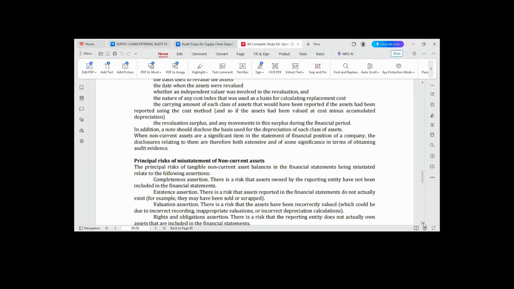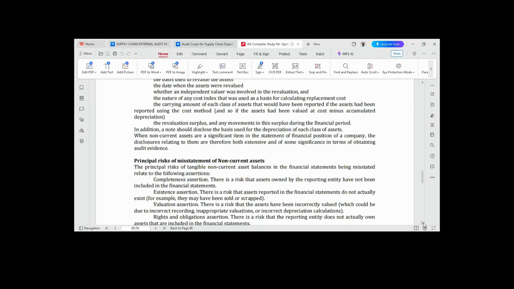There's also the valuation assertion. If you look at all of these assertions, they are in line with what we discussed earlier under the assertions based on account balances. So in case it comes out in the exam, what are the principal risks of misstatement in non-current assets?